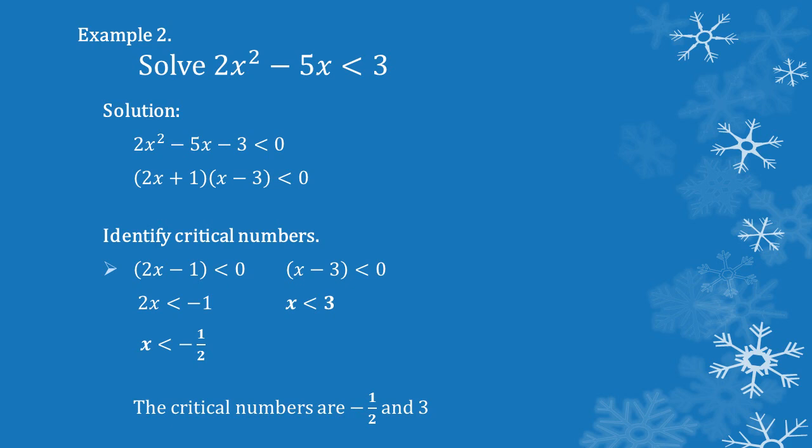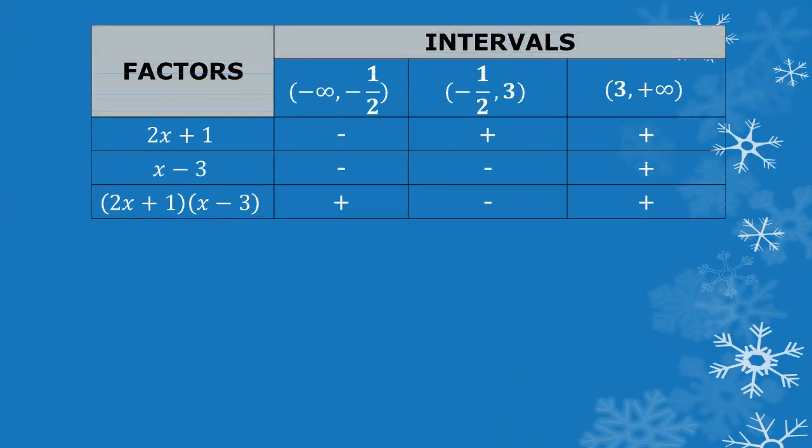So the critical numbers are negative 1 half and 3. So we'll now have the table of signs, which has 2x plus 1 and x minus 3 in the factors column. For the intervals, we have negative infinity and negative 1 half, the second is negative 1 half and 3, and the last interval is 3 and positive infinity.